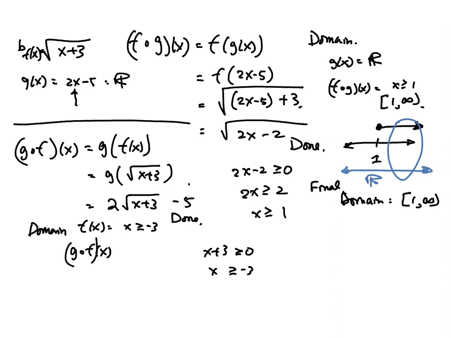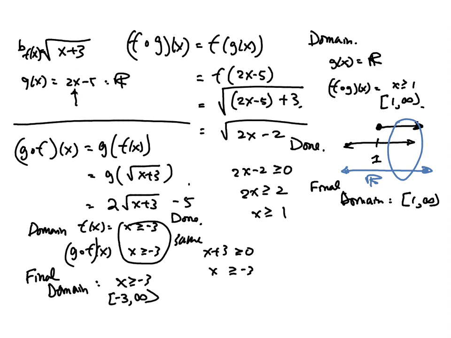G circle f of x shares the same radical, so we can assume that they have the same domain. So final answer, since these are the same, our final domain is just going to be that. Now I'll let you guys do f circle f and g circle g.